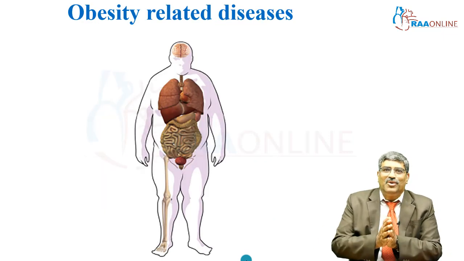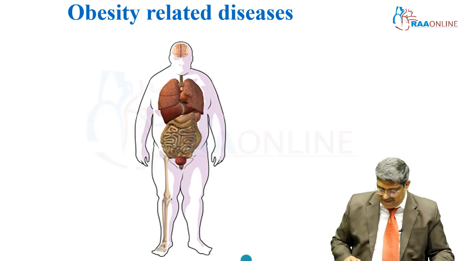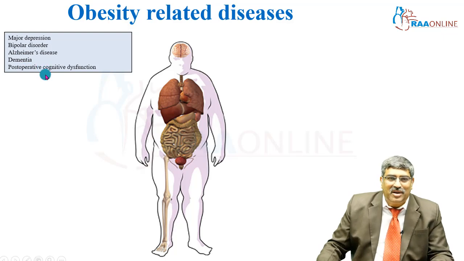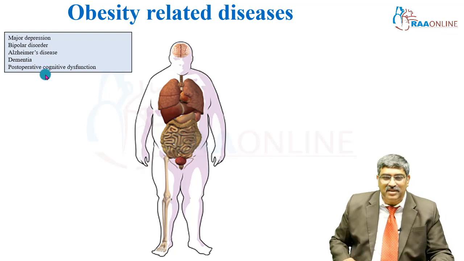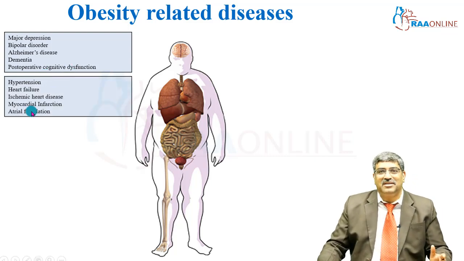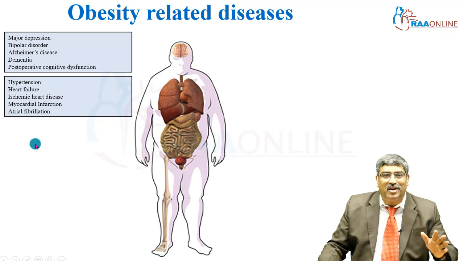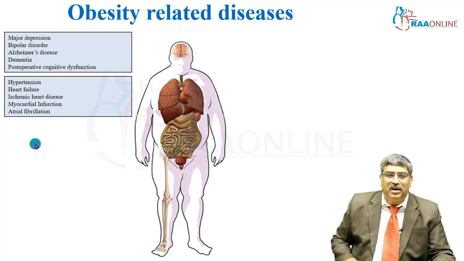Now coming to various obesity related diseases. You can have major depression, bipolar disorder, Alzheimer's disease, particularly dementia, and post-operative cognitive dysfunction. With regard to the heart, you can have hypertension, heart failure, ischemic heart disease, proneness for MI, and arrhythmias, particularly atrial fibrillation.